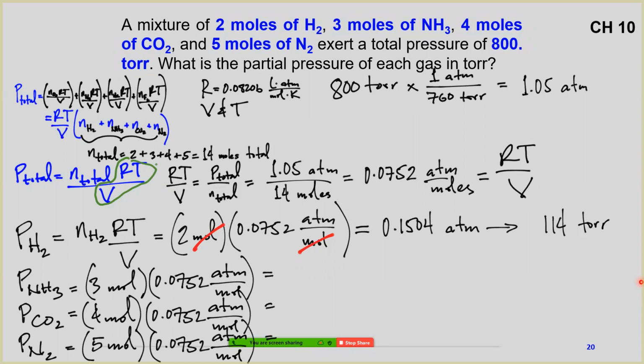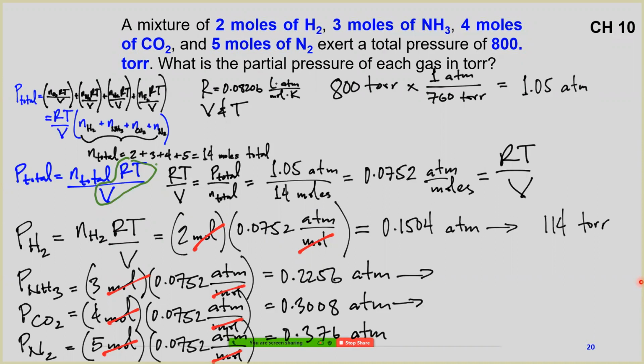All right, so we have moles canceling out. This one is 0.2256. This one is 0.3008. And the last one is 0.376. All right, and we can convert these to torr.